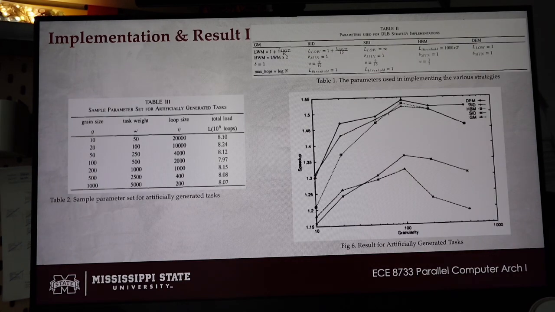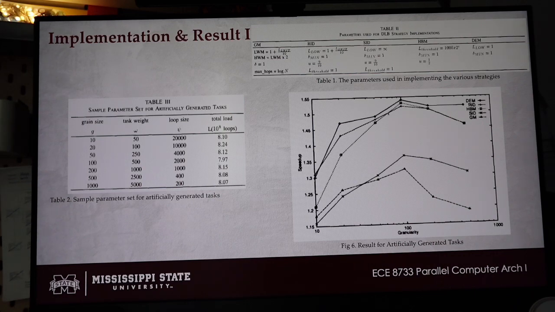This slide is the implementation of result one, which means they feed in really huge data, big data, to test these 5 strategies and see if they work well. On the top is Table 2. Table 2 shows the parameters used for the test method, and all the formulas for each strategy.